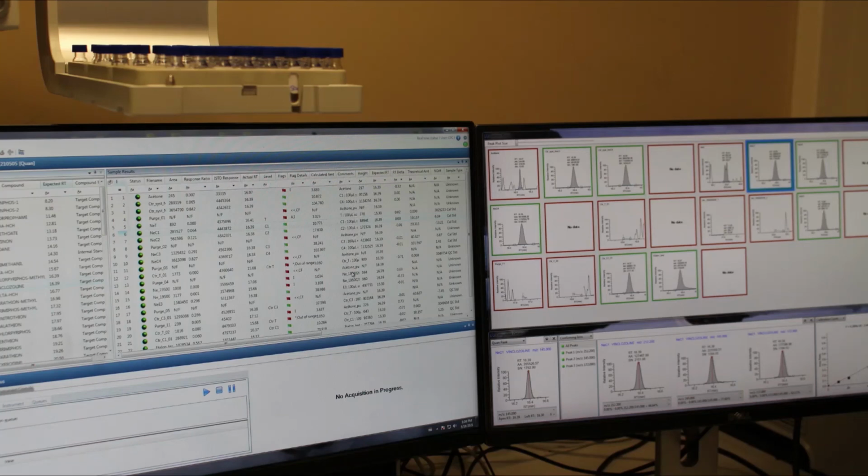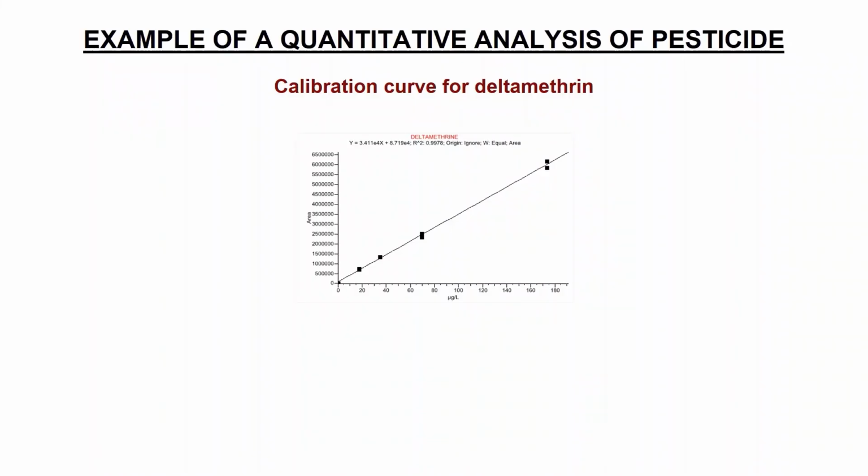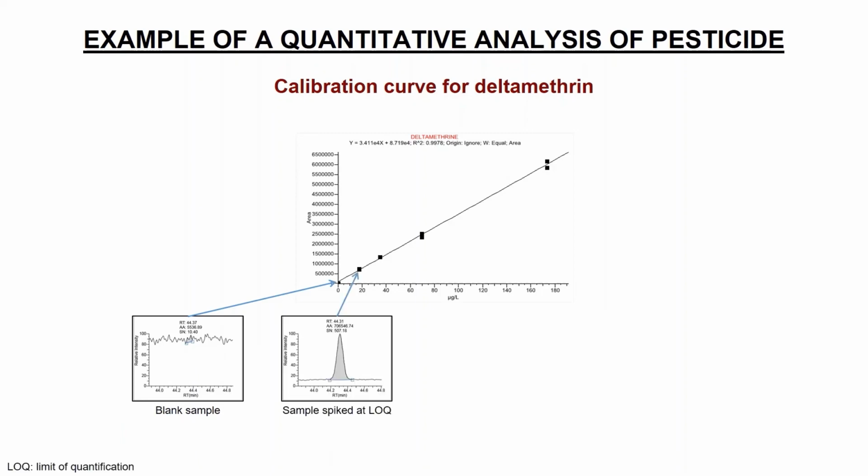Calibration curves are built up for each of the 87 pesticides studied. Calculation is done automatically. This concludes the analysis.